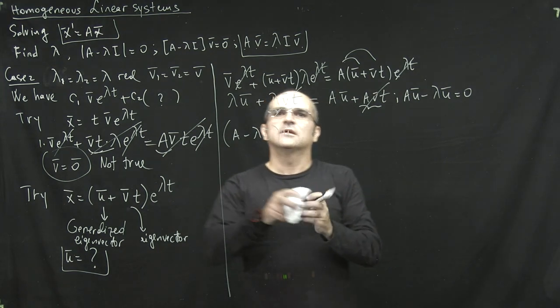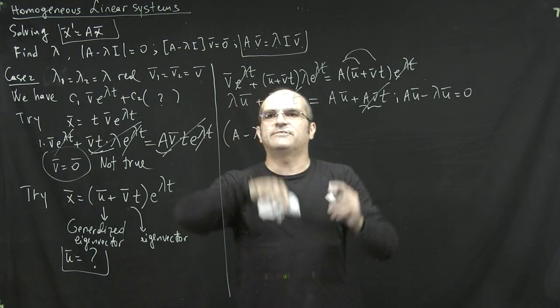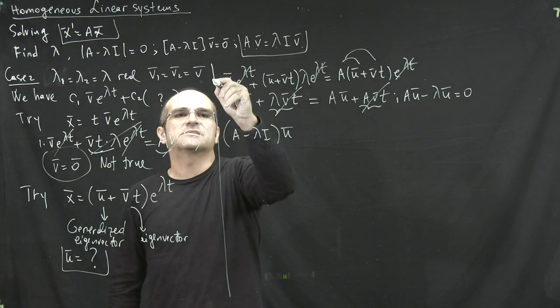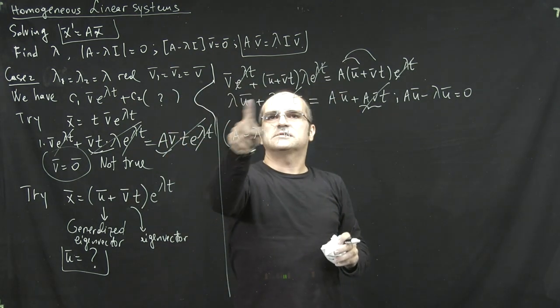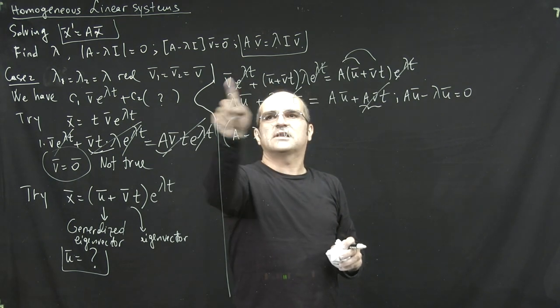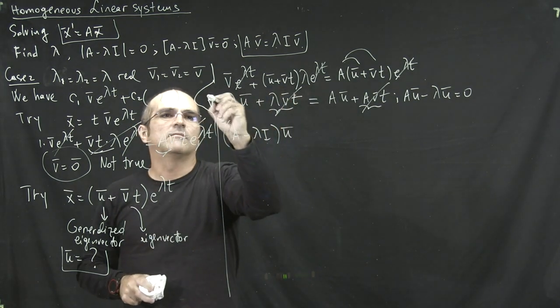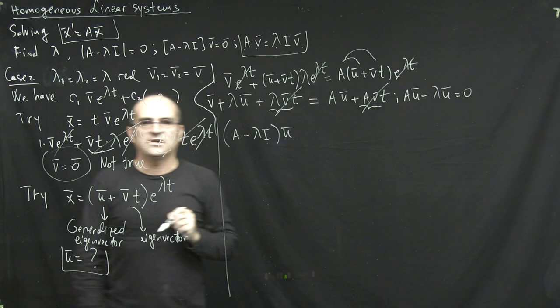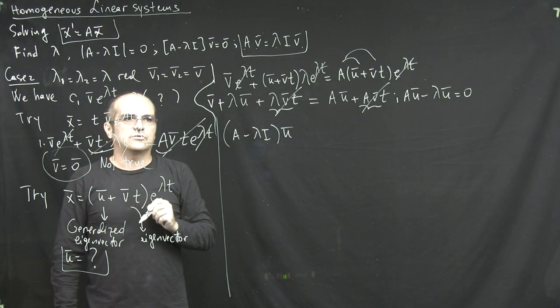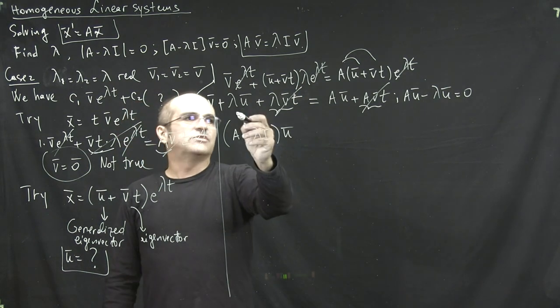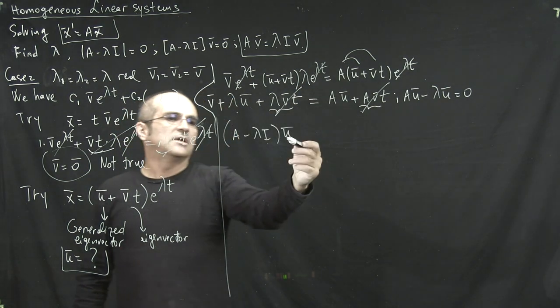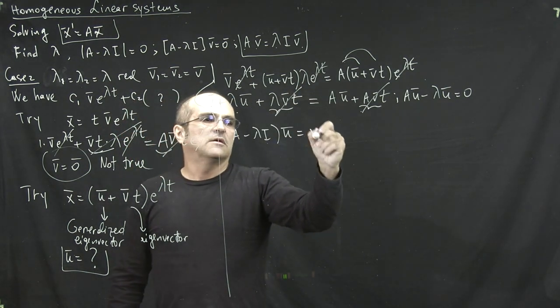Sorry about that, I dropped the v. I forgot the v here. All right, so let's make room for it. So we dropped e to the lambda t. This is lambda u, lambda vt, and I forgot this guy. Right? So there's v plus lambda u, lambda vt equals that stuff. All good. So if I move this to the right hand side and pull out u bar, then you end up with this equation.